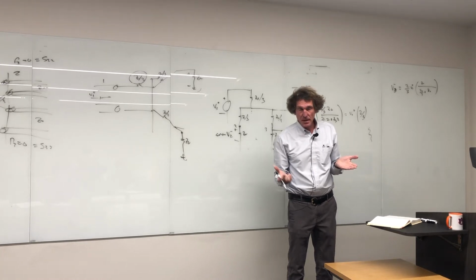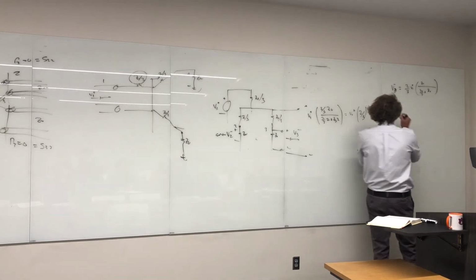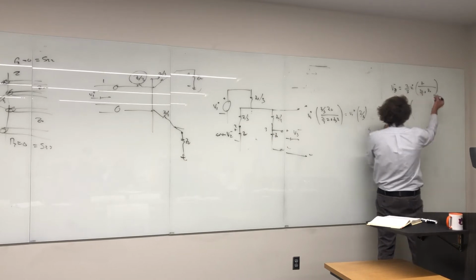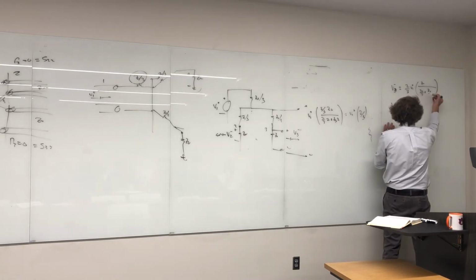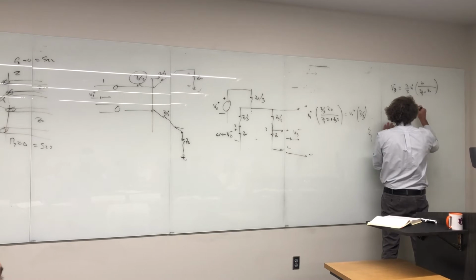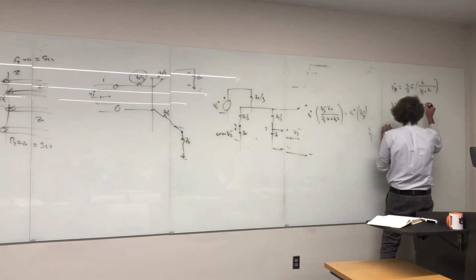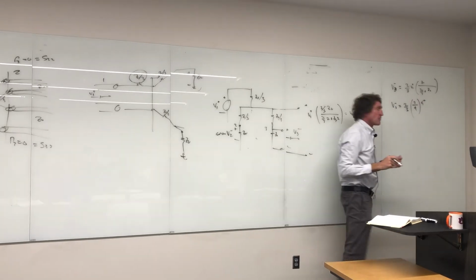Agreed, everyone? Now, you can see that that means V3 minus is really 2/3 times, and this is going to be 4/3, or inverted it's 3/4. The Z0s cancel, and then I have V1 plus. Does everybody agree with that?